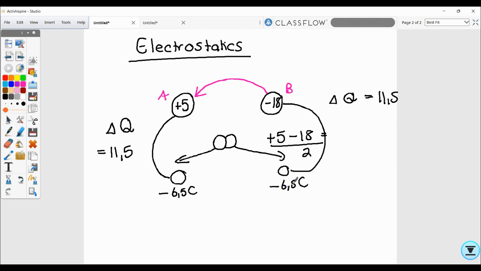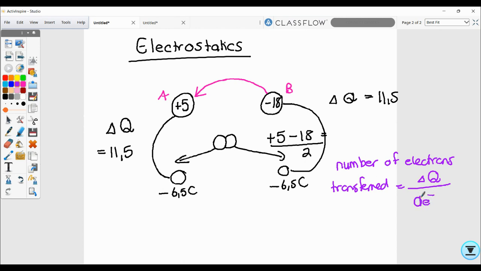But now if we ask you how many electrons, so the number of electrons transferred, you don't get this equation on your information sheet. So the number of electrons transferred is then always going to be the change in charge, not the final charge, over the charge of one electron.